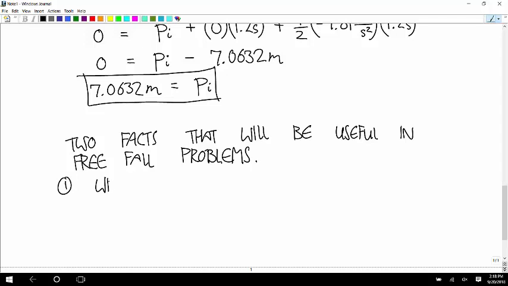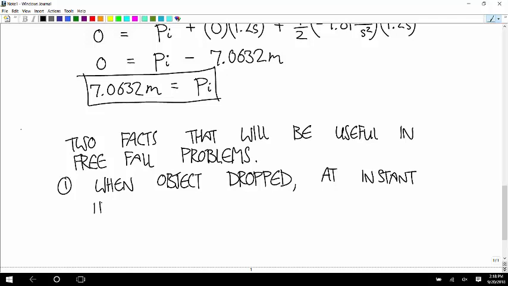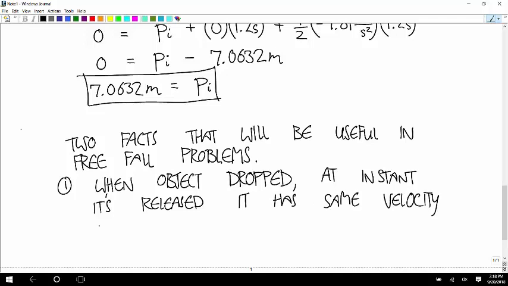When an object is dropped, at the instant it's released, it has the same velocity as what it's dropped from.